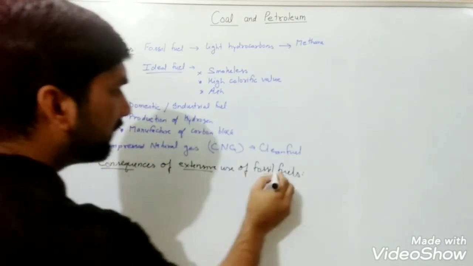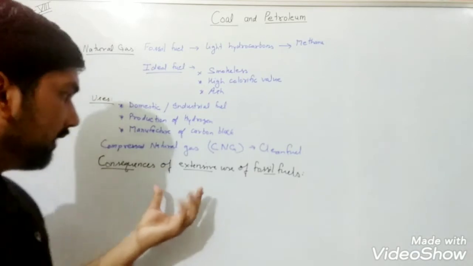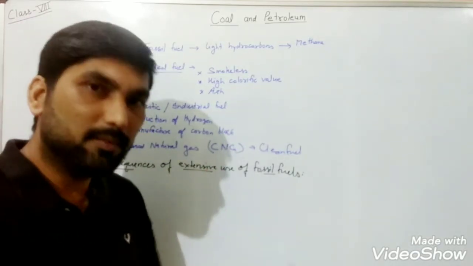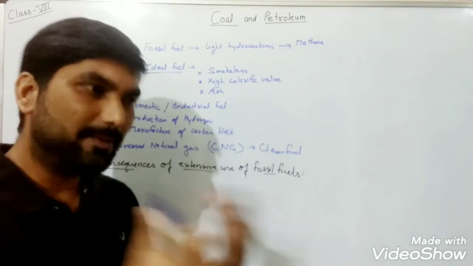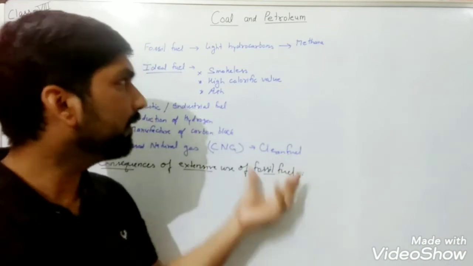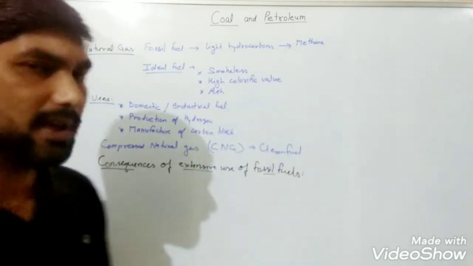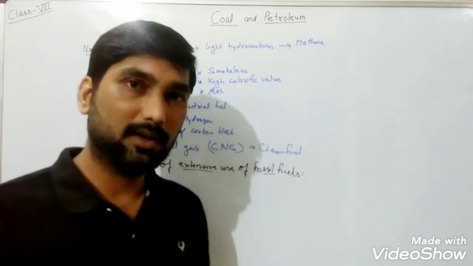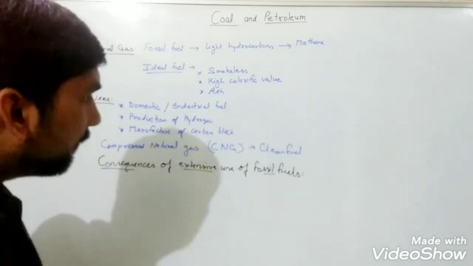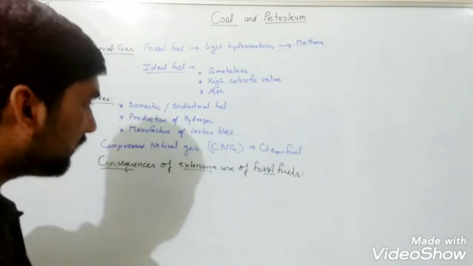So consequence means what? Result. Extensively without thinking means we are going to use more and more, not giving priority or proper management. And fossil fuels, you know, are exhaustible resources that are present with us. So first of all, what will happen if we use fossil fuels extensively?